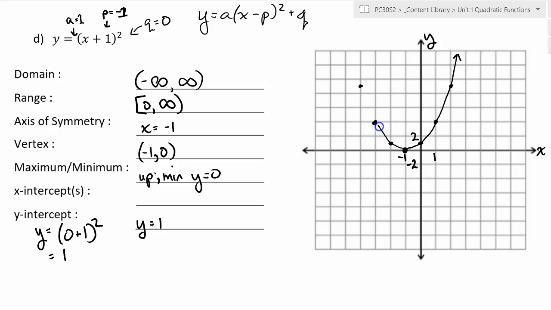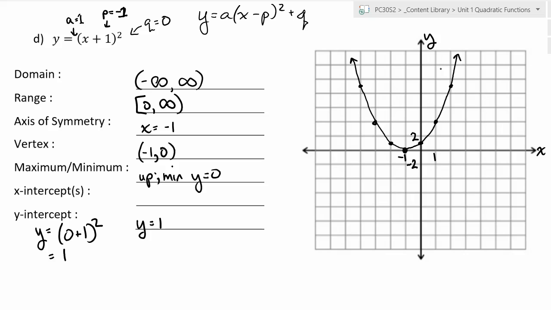So here is my parabola. And again, you'll notice on all of the graphs that I've drawn so far, I'm very conscious that it doesn't look like a V at the vertex. Please, please, please do not make a V. That is wrong, okay? It has to be curved at your vertex. Also make sure you put your arrows on the ends because it keeps going forever.